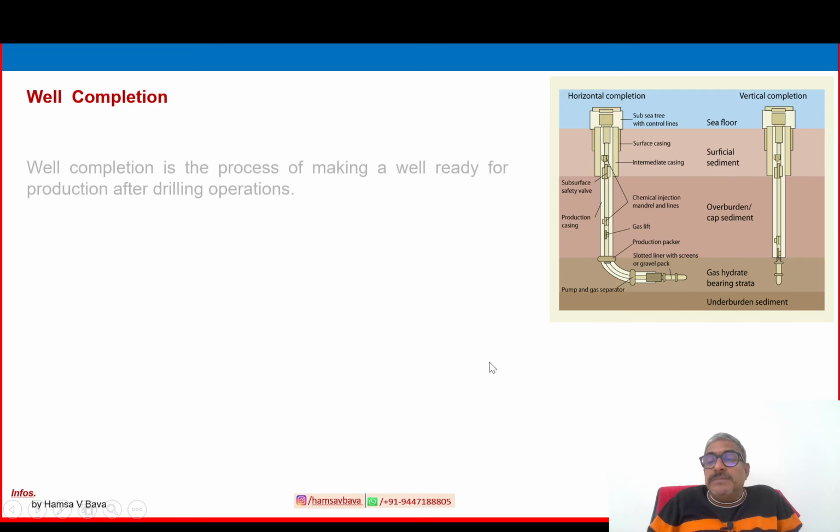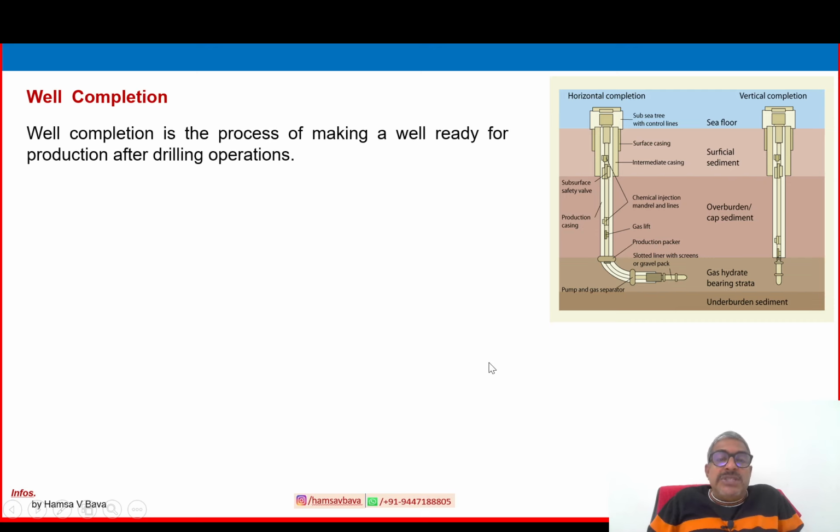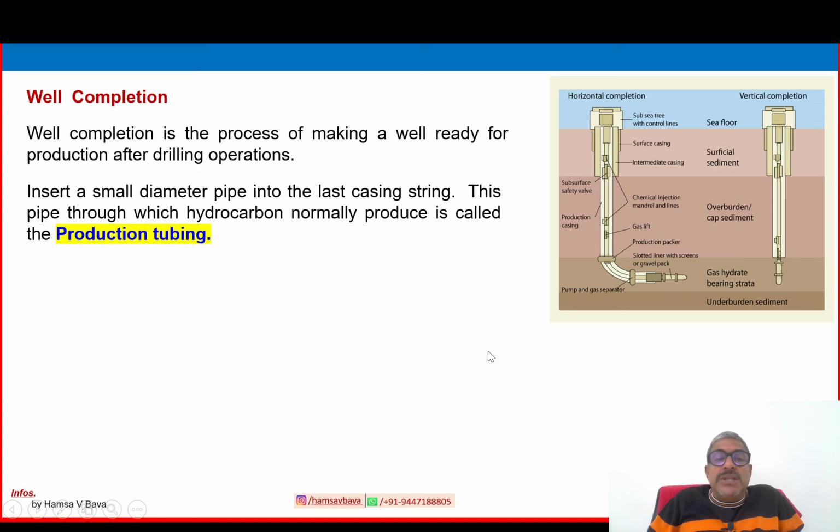Well completion. Well completion is the process of making a well ready for production after the drilling operation. So well completion is the completion of a well. Insert a small diameter pipe into the large casing string. This pipe, through which hydrocarbon is normally produced, is called production tubing.